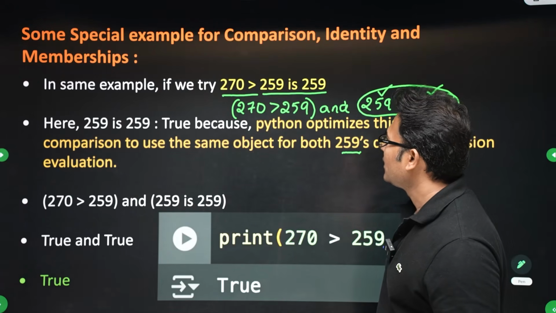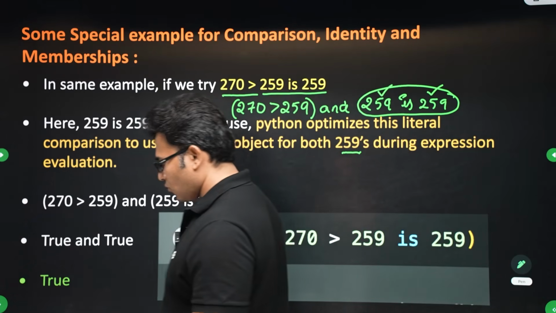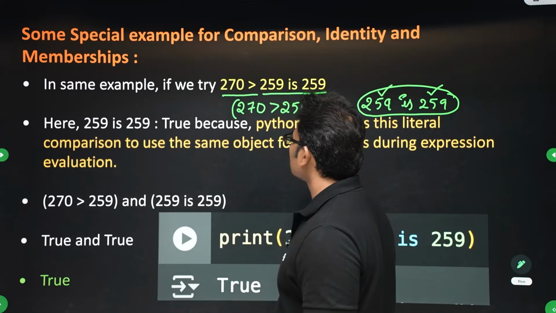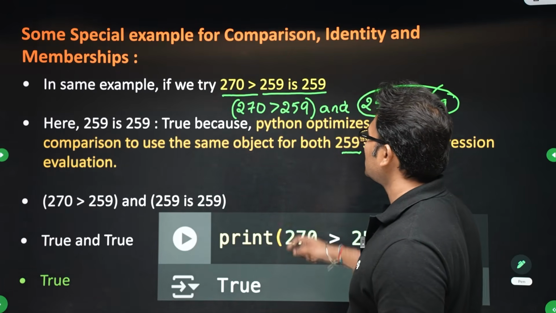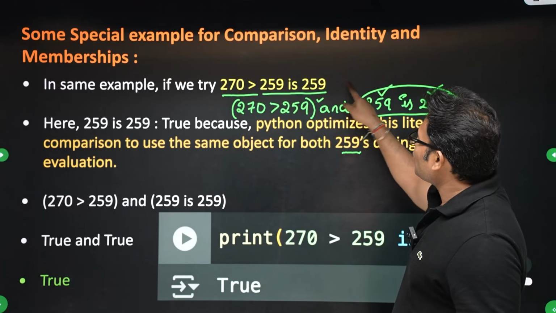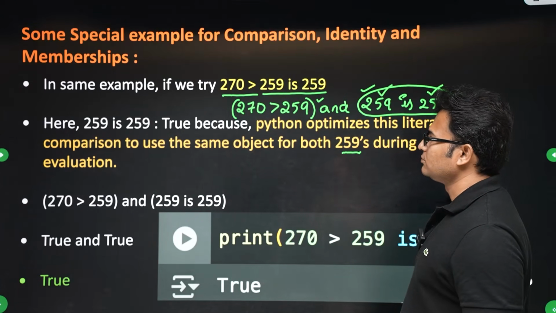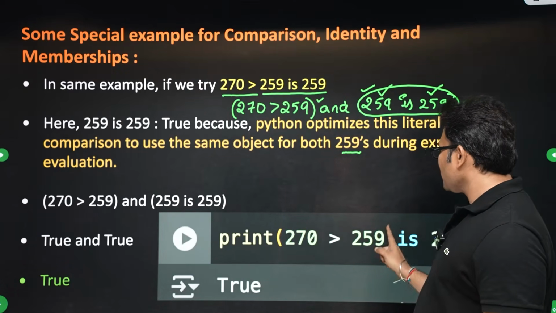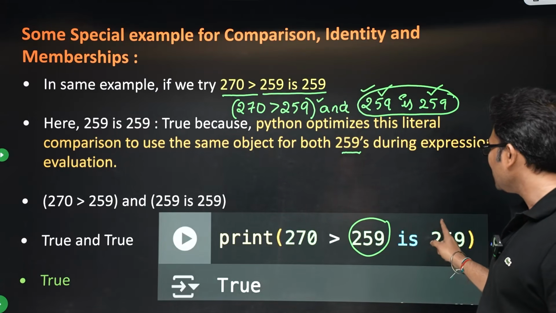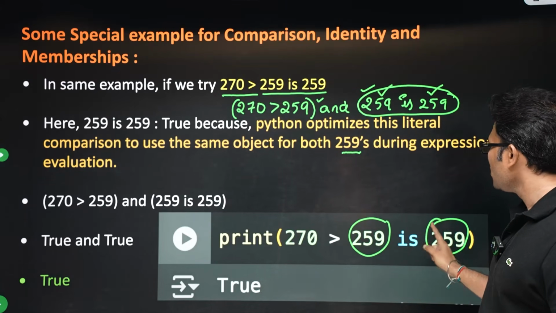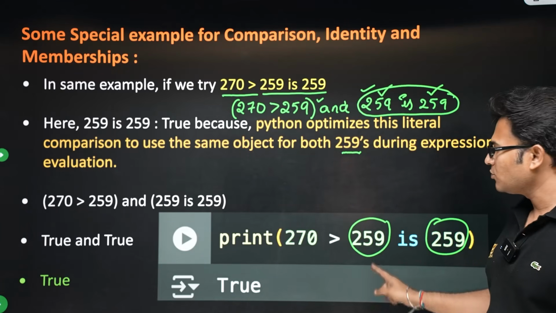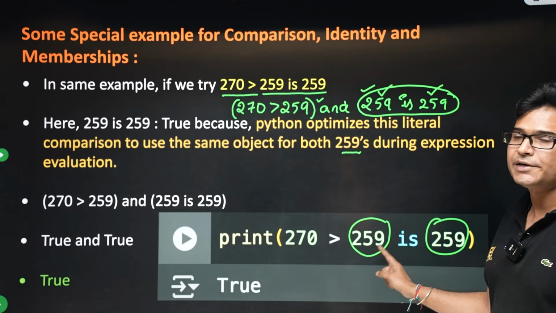Therefore, in this case this is true and this is true. Therefore, the answer will be true. Why? Because for 259, when it is a literal, when it is not a variable, only one object is created for both the 259s. That is why.